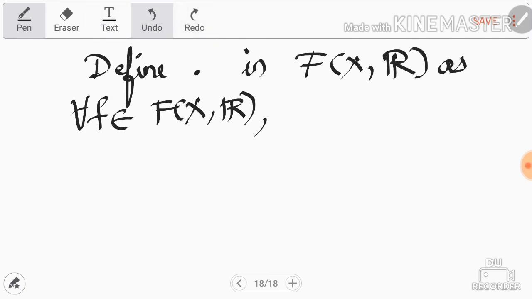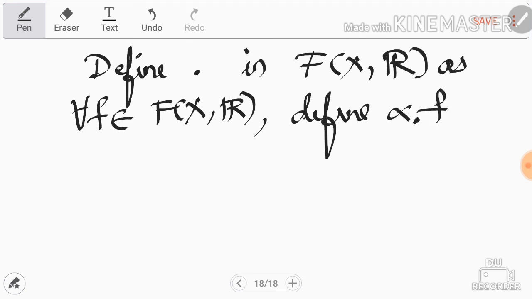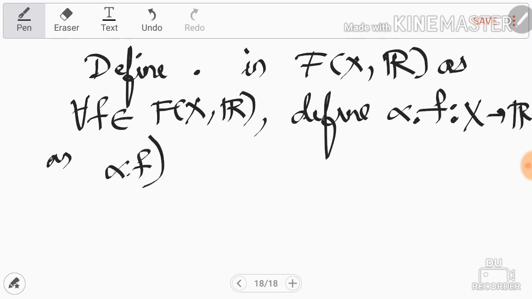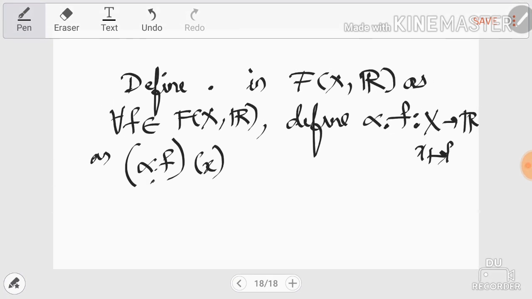I can define alpha dot f as again a new function from X to R. This is simply a notation for the new function, and whenever alpha f acts on any element x, of course its output has to be in the set of real numbers. That is, (alpha f)(x).